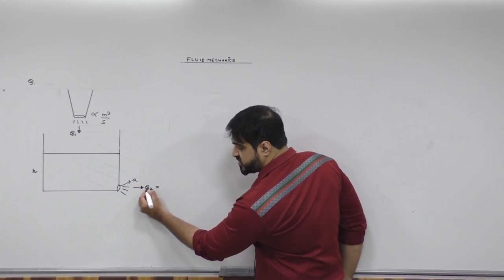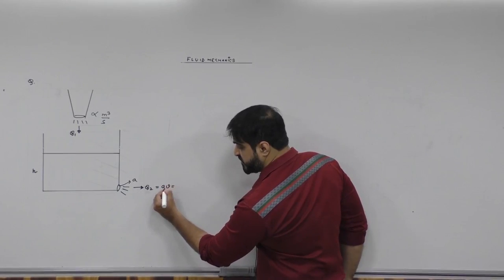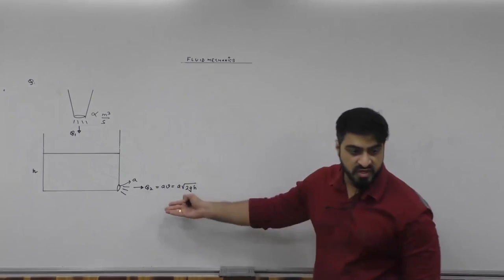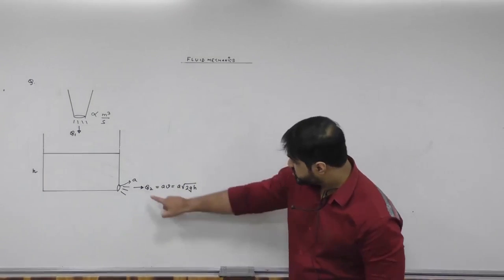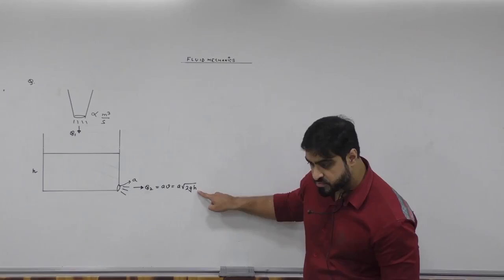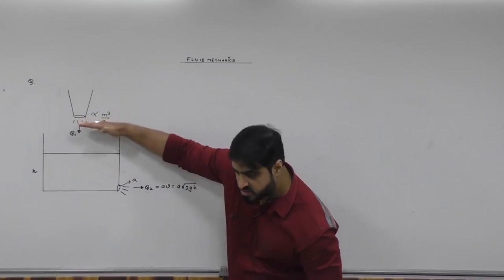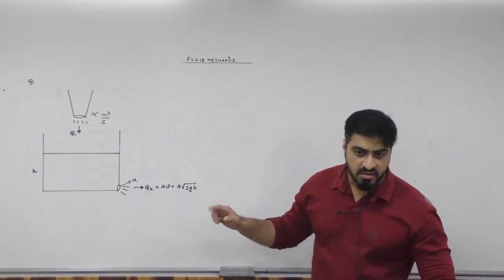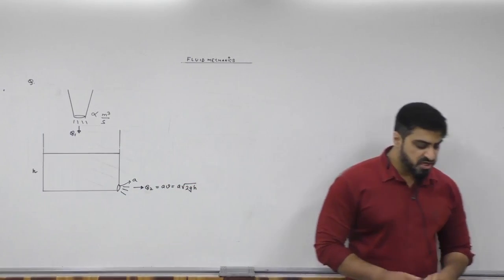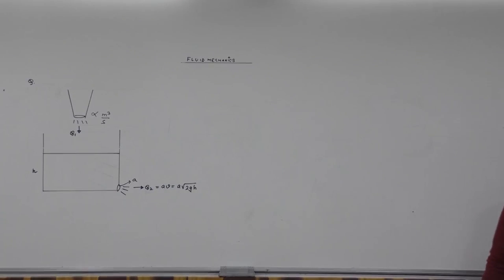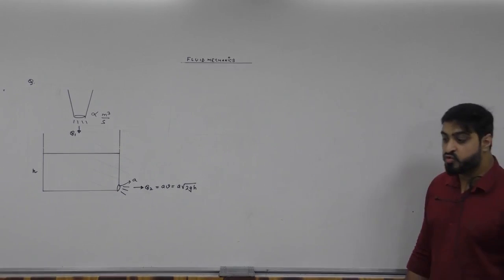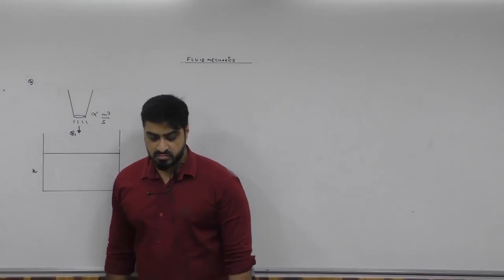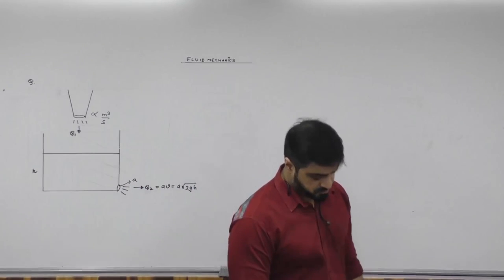Last time we proved that Q2 is AV, but velocity at this moment is under root 2gh. We just proved this. So Q2 is proportional to root H. So as H increases, Q2 will also increase. Okay, write ahead. Initially Q1 is greater than Q2.